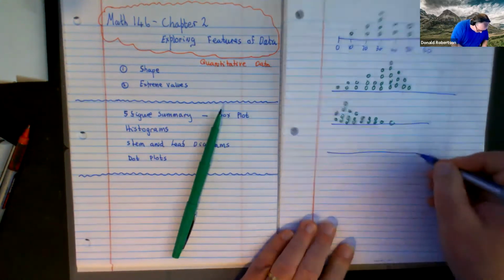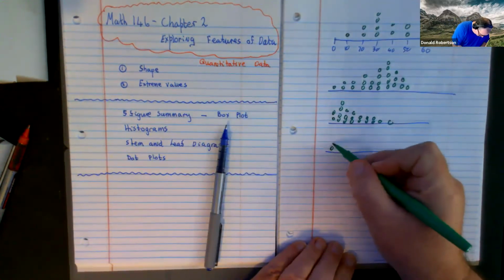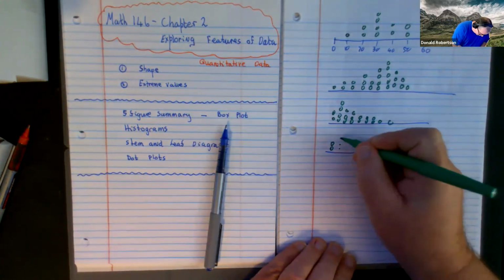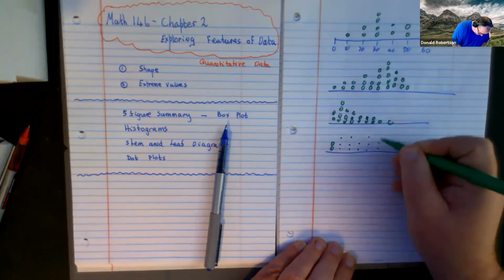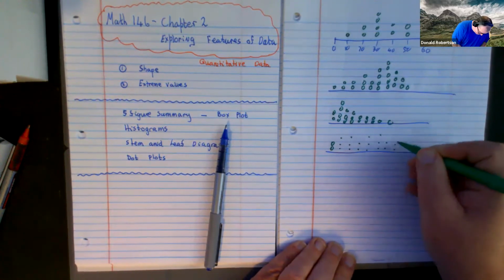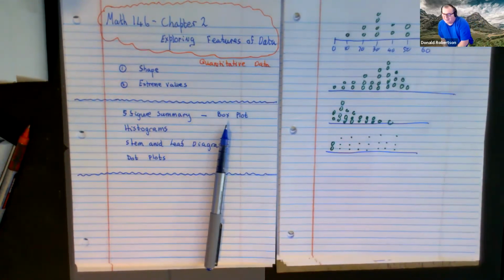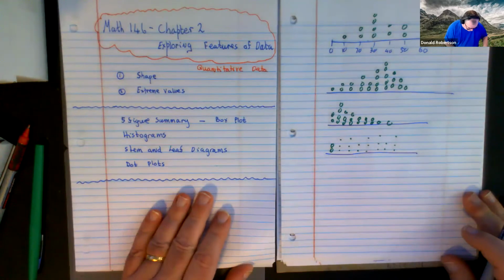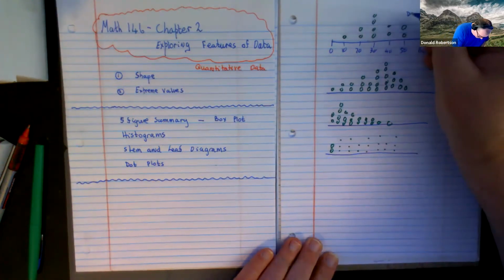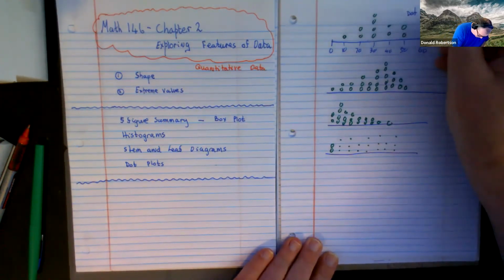Uniform coming up. Oh, I've just found a quicker way of doing this. Can I just do dots? I don't need all those circles. Much easier. And that's for dot plots.